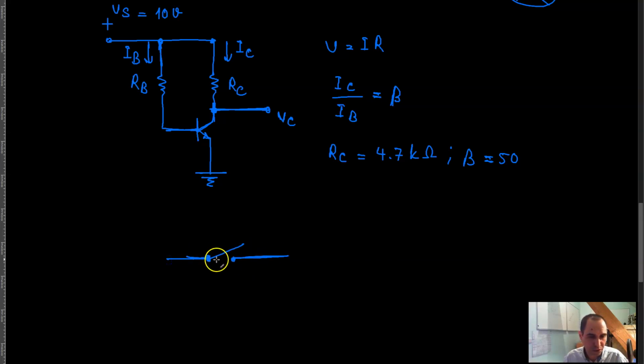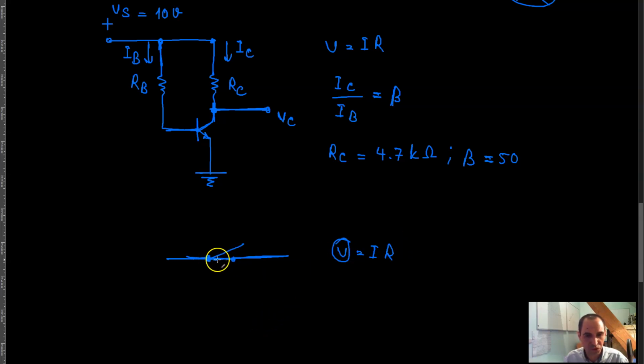In the case of a closed mechanical switch, if I close the switch, the resistance across the terminals of the switch is essentially 0 ohm, and V equal to IR tells us that if R is equal to 0, then V is going to be equal to 0.